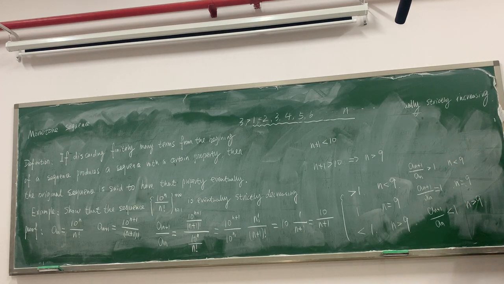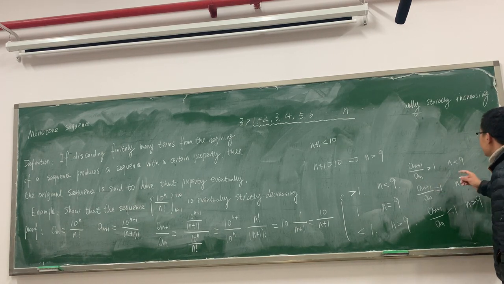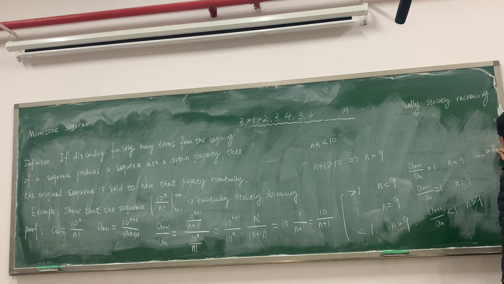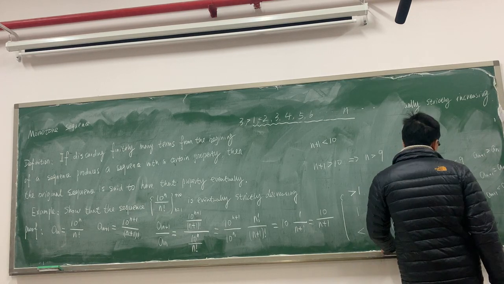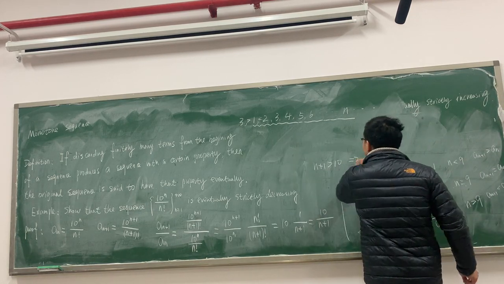So this tells us that in this case a_{n+1} is greater than a_n, in this case a_{n+1} is equal to a_n, and in this case a_{n+1} is less than a_n. So from here it is clear.